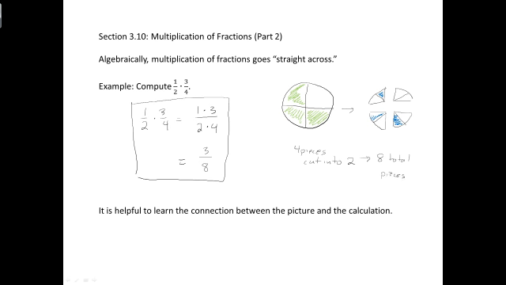So now let's think about the numerator. We started with 3 shaded pieces, and each piece turns into 1 shaded piece. This gives us a total of 3 shaded pieces.